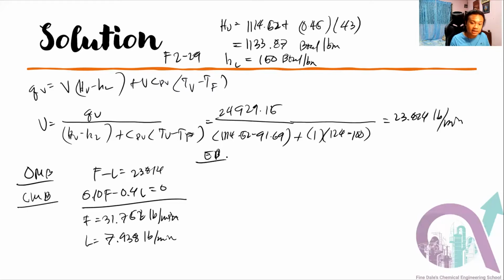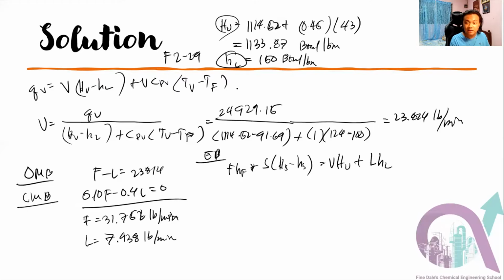Okay, so now we'll go to our energy balance, right? Energy balance, okay? Our energy balance, F HF plus S, okay? So this is small s, okay? And V HV plus L HL, okay? Take note that we will use these values now.